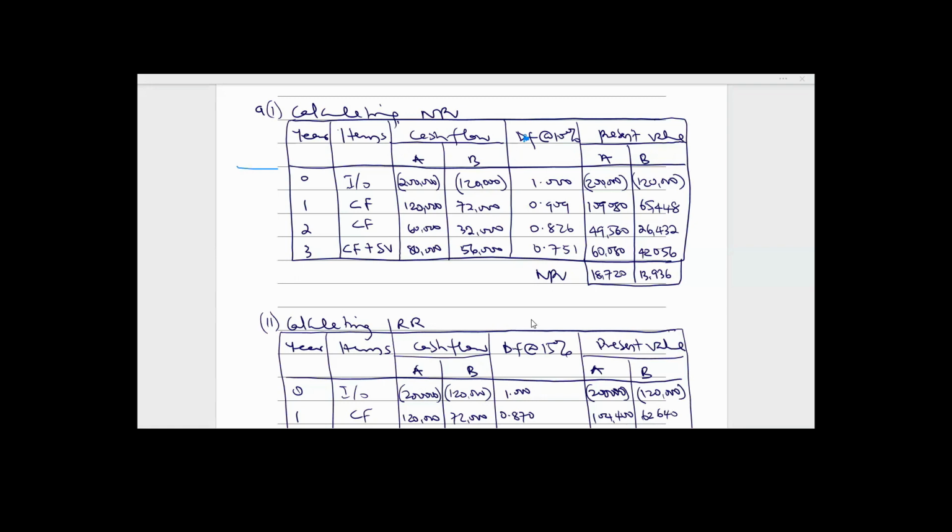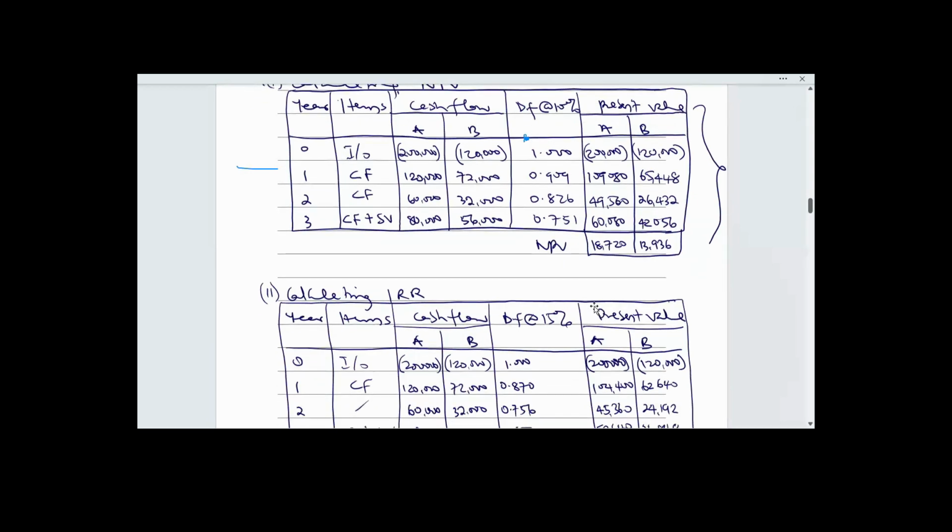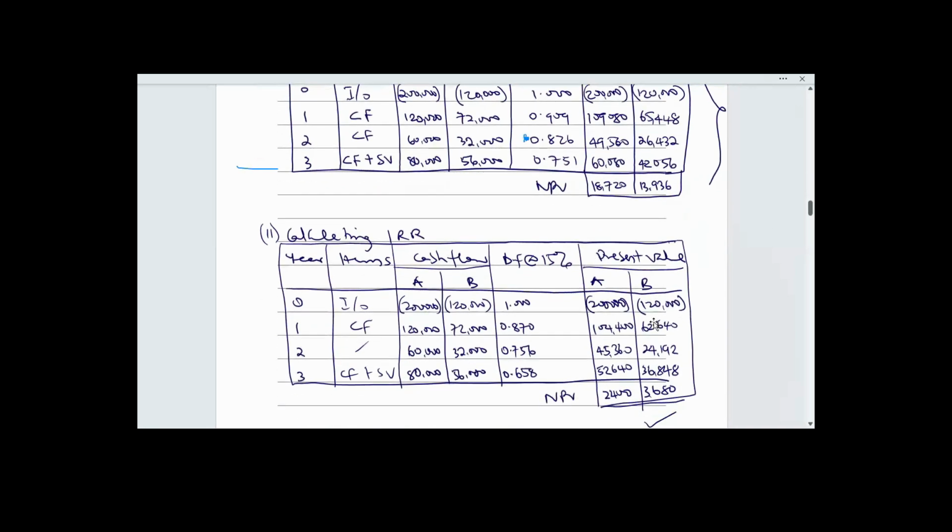Because you can see that I neglected the first table that gave us the positive NPV previously. I neglected it because I don't need it for calculating my internal rate of return. My focus is to determine and follow the procedures. The procedure says that you assume 2 discount rates that will produce 2 opposing NPVs.